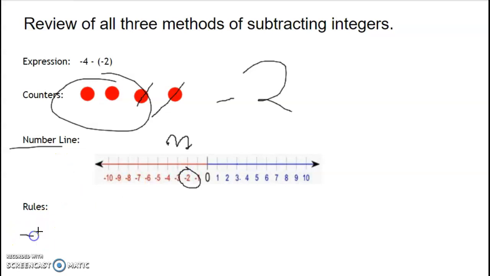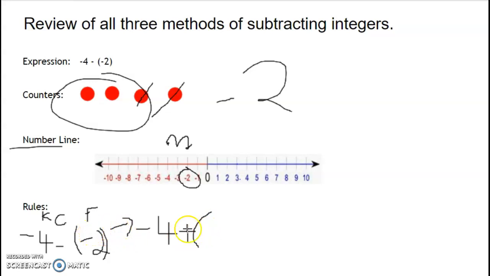All right, and using our rule, lastly, our subtraction rule is we keep our first term, change subtraction to addition, and we find the opposite of the last term. So this now becomes -4 plus and then adding the opposite of -2 is +2.